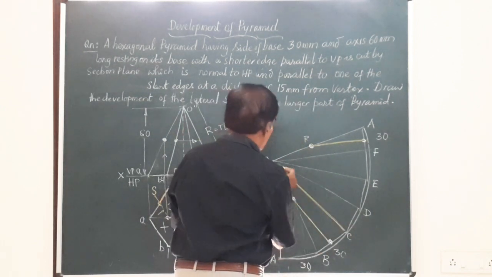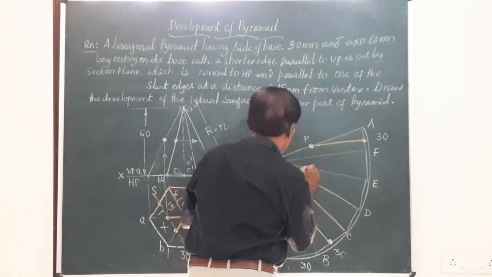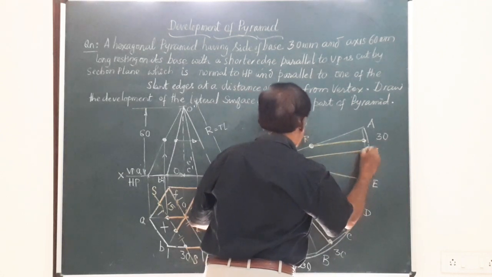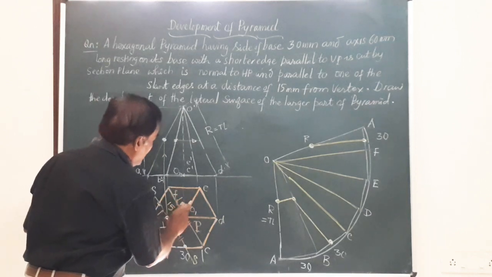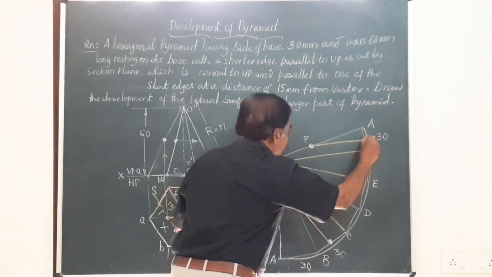OC, OD, OE, OF, they are all intact, and the base edges EF, BE, all these are retained.